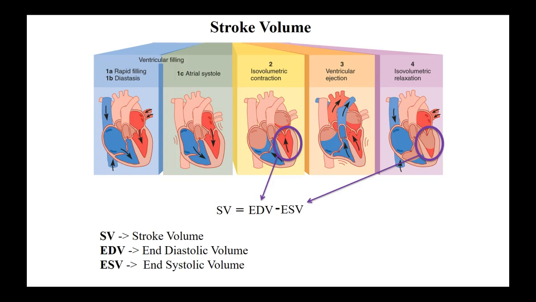What you want to know as a student is how the cardiac conduction system and the cardiac cycle relate to each other. I can guarantee you there's going to be a question or two on exams about that. How is the conduction system related to events in the cardiac cycle?